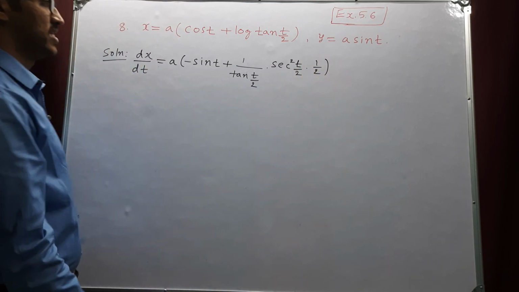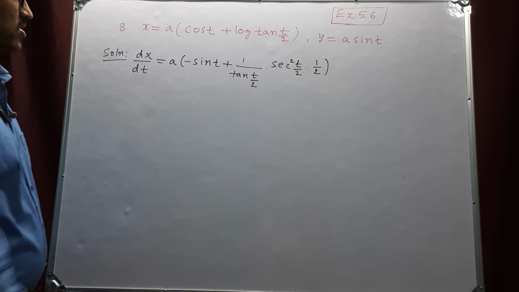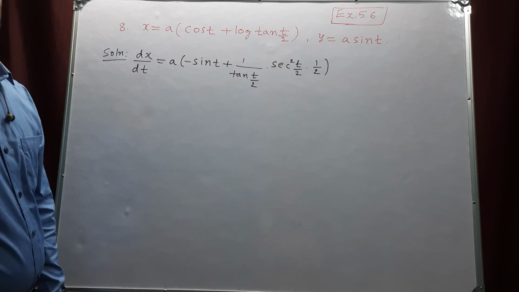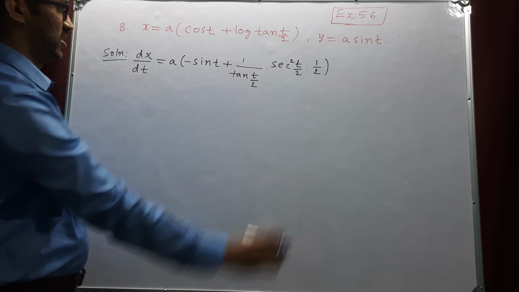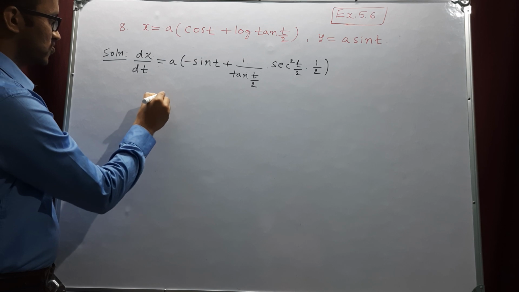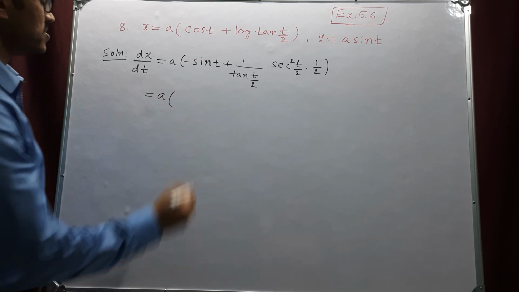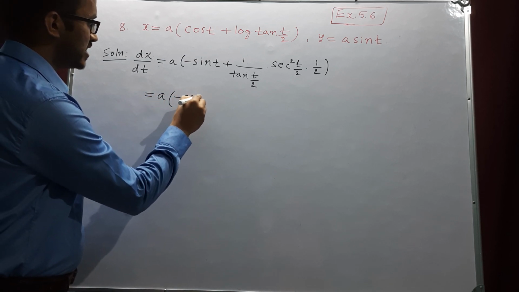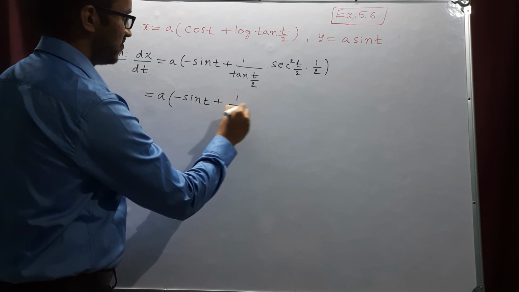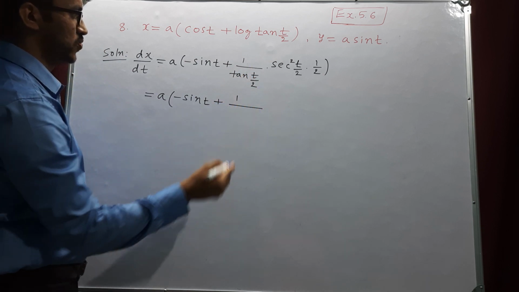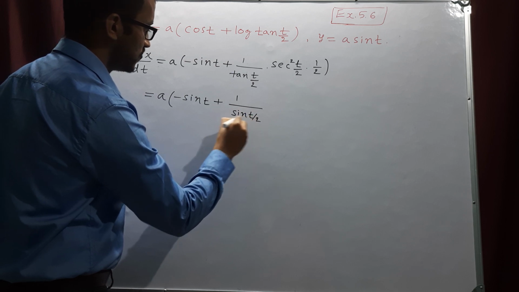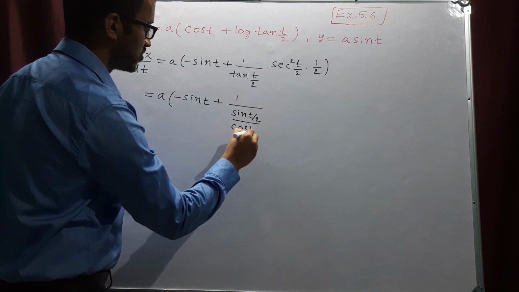So we are applying the chain rule. That is the derivative of the outer function by keeping the inner function as it is, into the derivative of the inner function. So that is equal to a into minus sin t plus 1 by tan t by 2. Tan t by 2 can be written as sin t by 2 by cos t by 2.